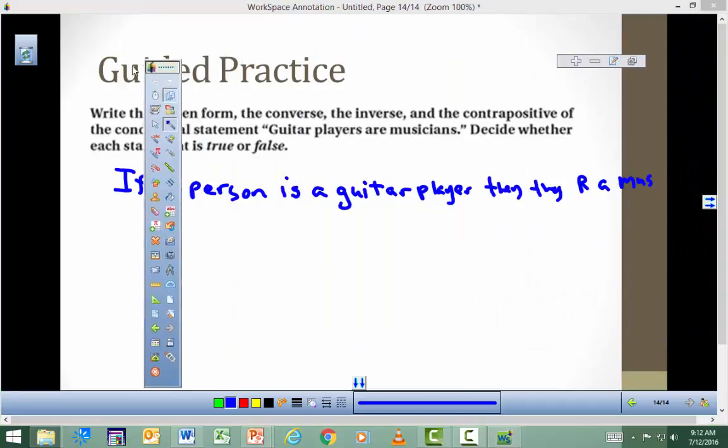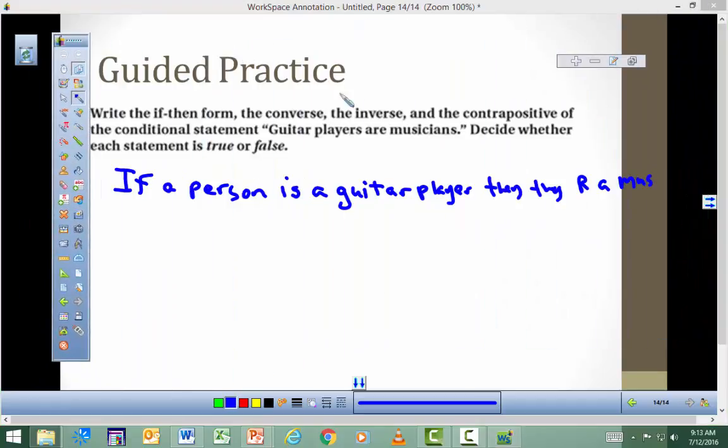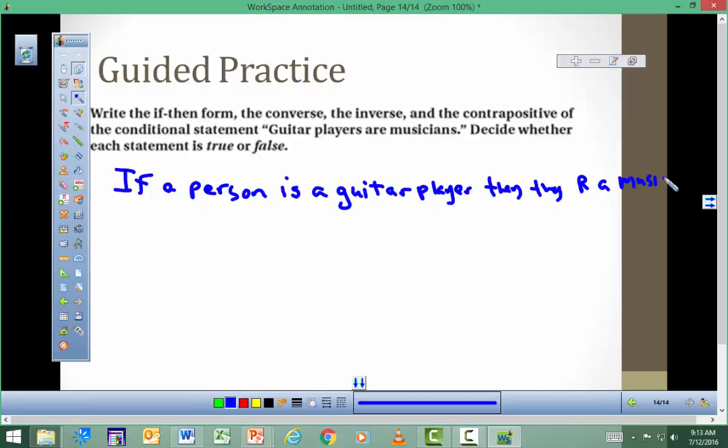I'm kind of running out of room. I'll move this over here to this side. Musician. Okay. So there we have our basic construct.